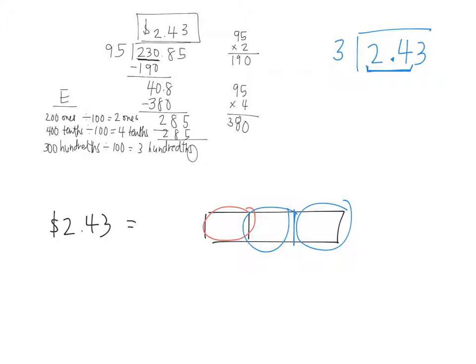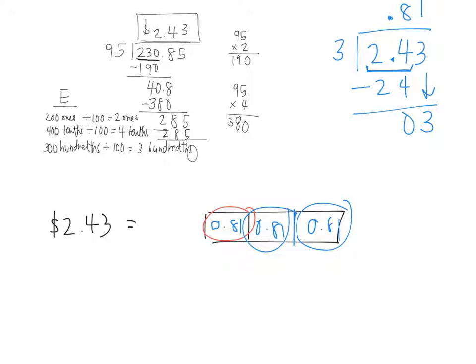Okay, so 24 tenths divided by 3 is going to be what? 8 tenths. Good. Okay, so I have nothing left. I'm going to bring down the 3. This 3 is in the hundredths place. So 3 hundredths divided by 3 is how many hundredths? 1, right? So each of these sections is what? 81 hundredths of a dollar, otherwise known as 81 cents.